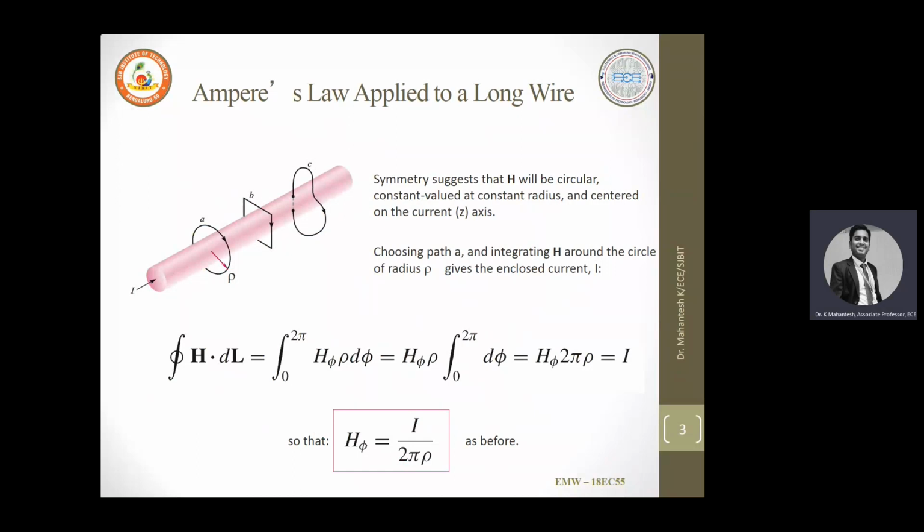Choosing path A and integrating H around the circle, we get the integral of H dot dl is equal to the integral from 0 to 2 pi of H phi rho d phi. So H phi rho is constant. We'll take it outside: H phi rho times the integral from 0 to 2 pi of d phi, which is equal to H phi 2 pi rho, which is equal to I. Therefore, H phi is equal to I by 2 pi rho, which is as stated before.